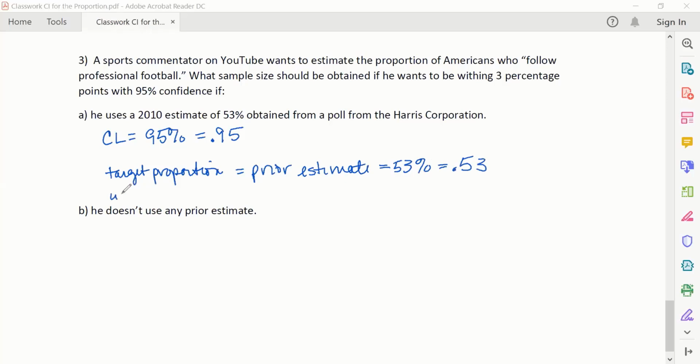And we're looking for the width, which is twice the margin of error. We got the margin of error within 3 percentage points. So we want twice 3%, which is 6%, and we'll write that as 0.06. So our 3 numbers to put in are the 0.95, the 0.53, and the 0.06.